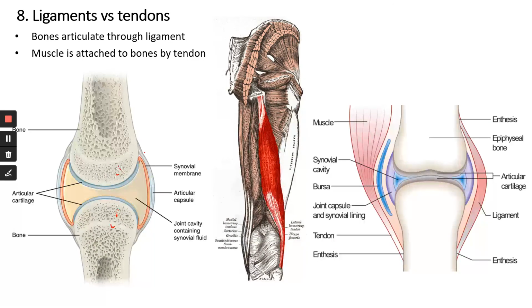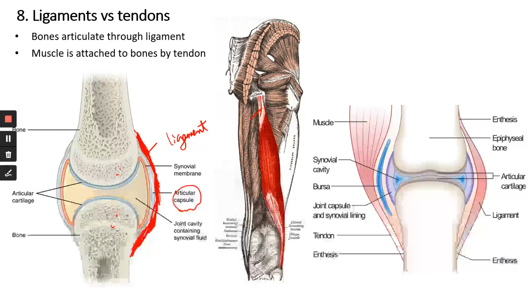When you look at this joint, external to the articular capsule here, you will have some really tough connective tissue. That layer of connective tissue is a ligament. Again, a ligament connects bones.